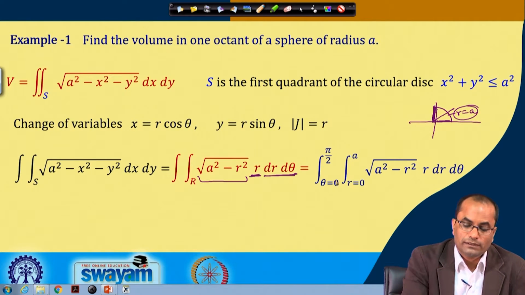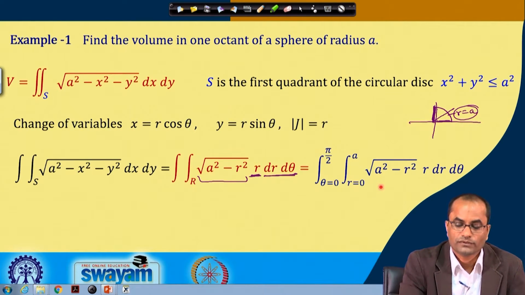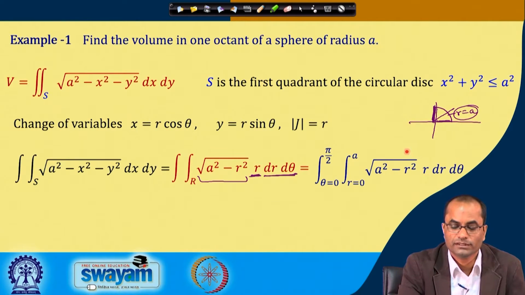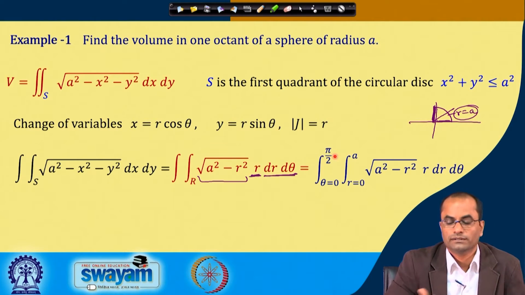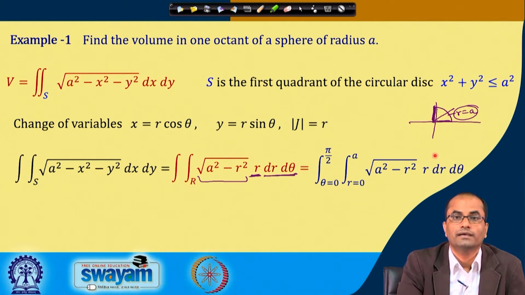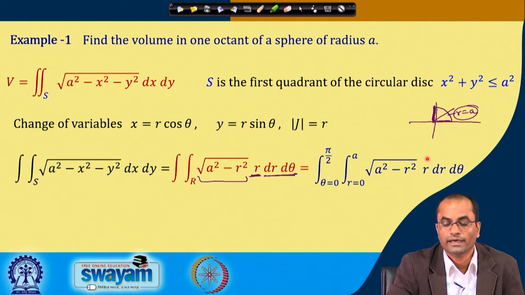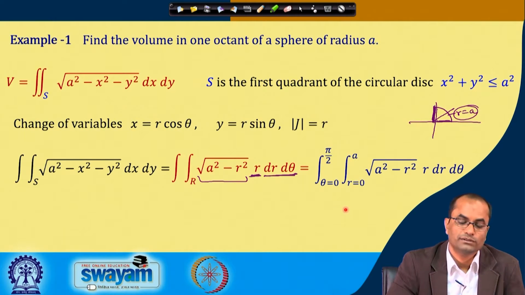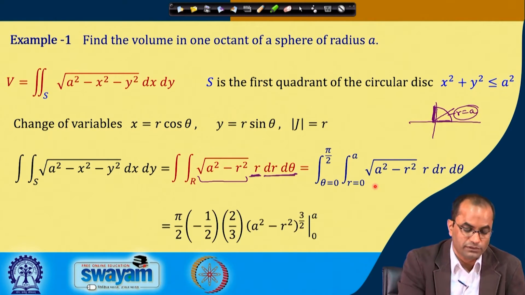So, now we can easily integrate with respect to r. There is no theta here. So, the inner one is just a single integral with respect to r, and that will give us a square minus r square to the power 3 by 2, divided by 3 by 2. So, we can multiply by this 2 by 3 from the denominator.